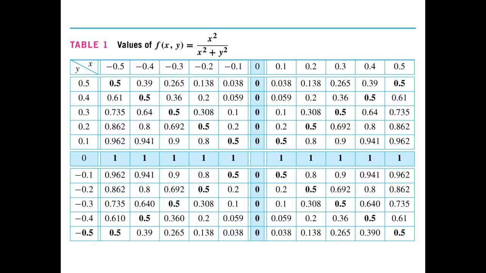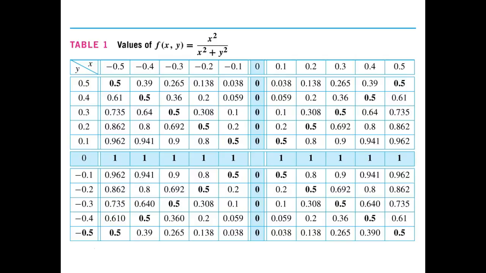And here's the issue. If you look at the values here, you can see that the limit doesn't exist. Now, what they did, they plotted a few, and certainly when x is equal to any value in the world and y is equal to 0, then this gives you x squared over x squared.